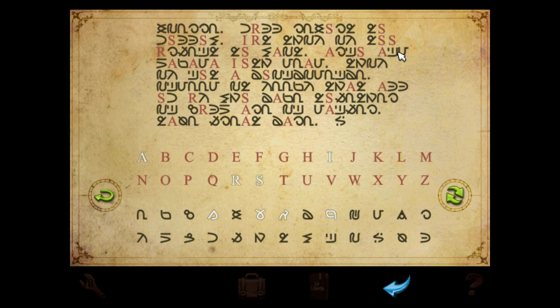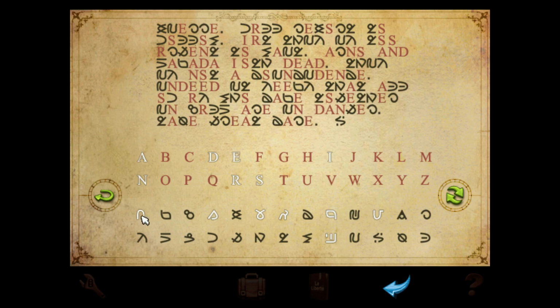And if that's the case, maybe this is AND. So N for this W symbol here, and D for this U symbol. And if that's the case, then this word would be DEAD. So E for this N symbol here.